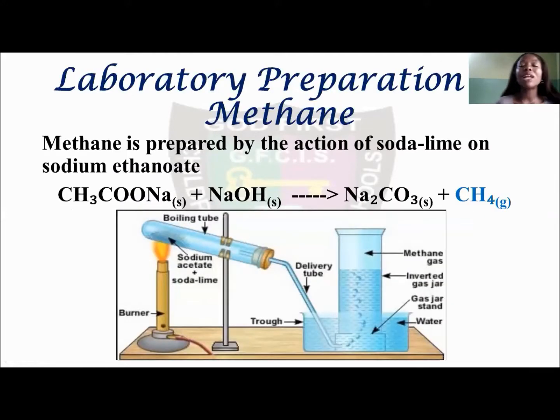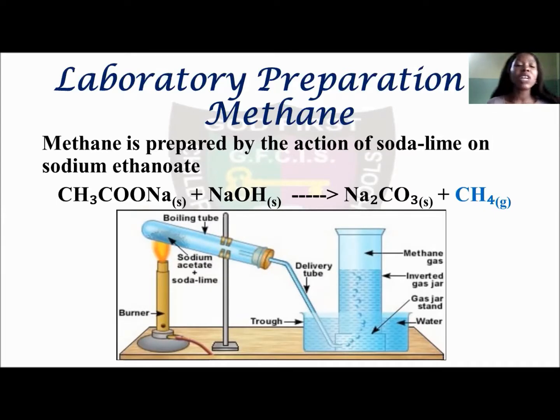Now, the next thing we are looking at is the laboratory preparation of methane. Like I said a while ago, when you know the property of one, you can predict the properties of other members of the homologous series. In the lab, methane can be prepared by the action of soda lime on sodium ethanoate.